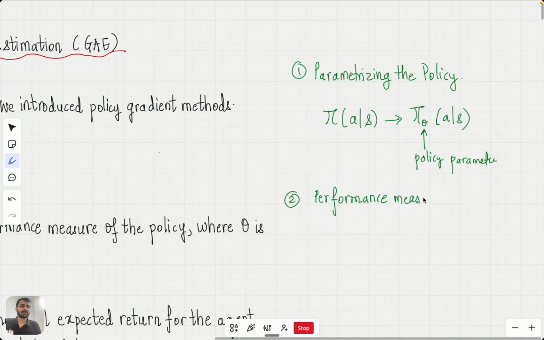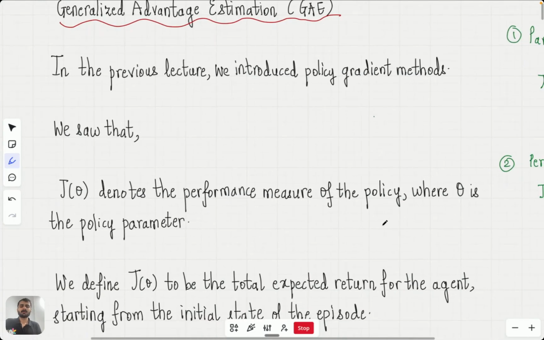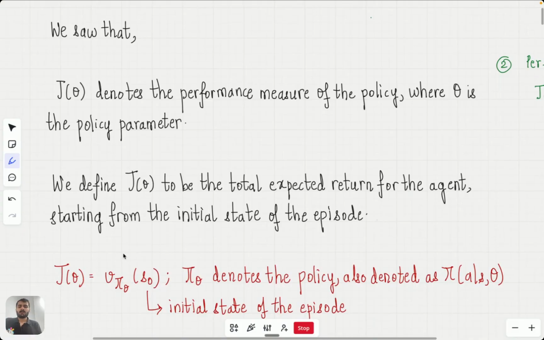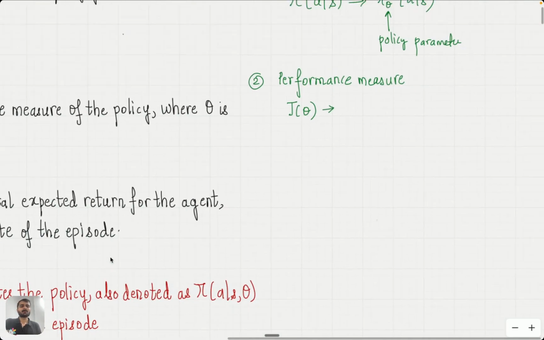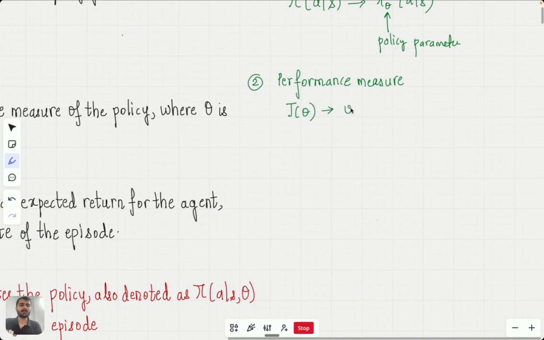The performance measure is denoted by J of theta, and we said that it can simply be the value function for the initial state of the episode, which is v pi theta of s0.